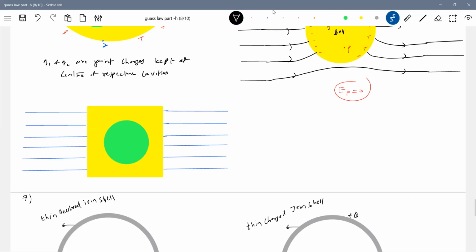This is the cavity, this is an iron block. Here a negative charge will be induced, and positive charge will be induced here.